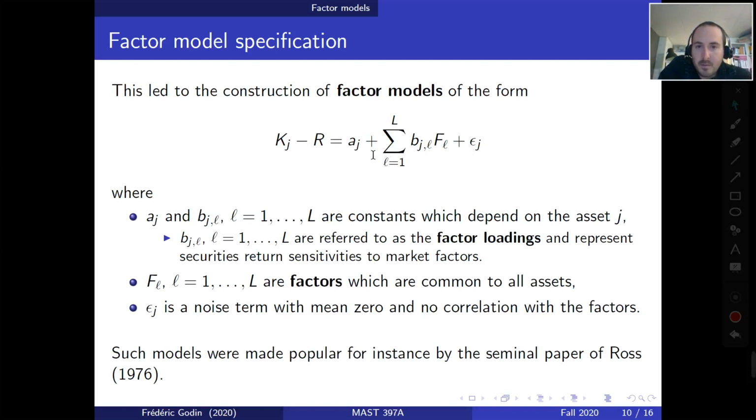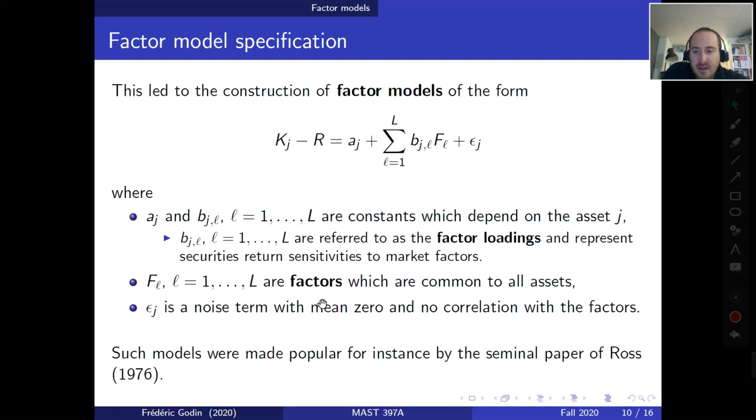All these constants, A's and B's, are idiosyncratic to the various securities or assets. If you have two different stocks, their associated A's and B's will be different. But conversely, the F's, which are the factors, are common across all securities. The factors are random variables, but the A's and the B's are deterministic or constant values, where A is referred to as the intercept and B is referred to as the factor loadings.